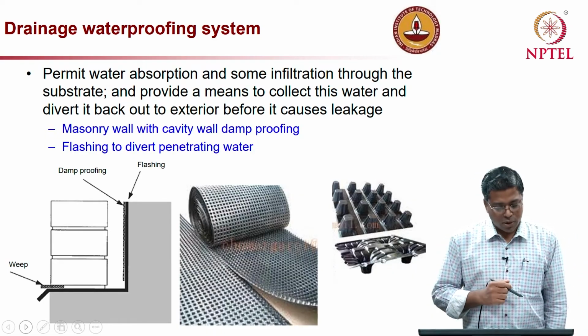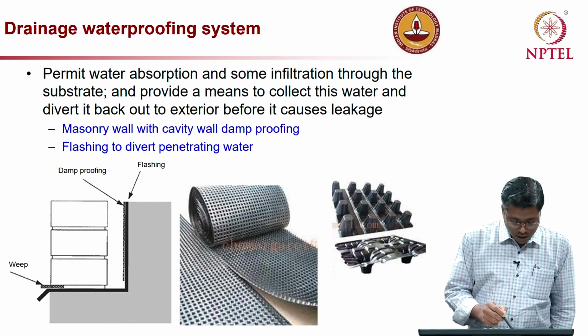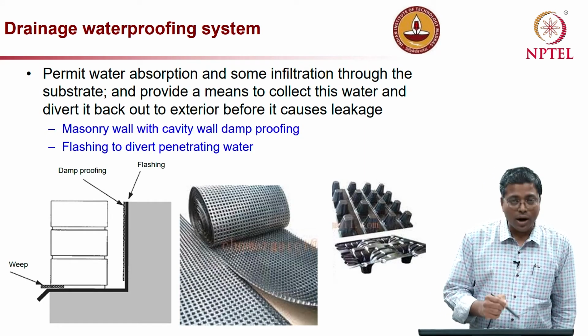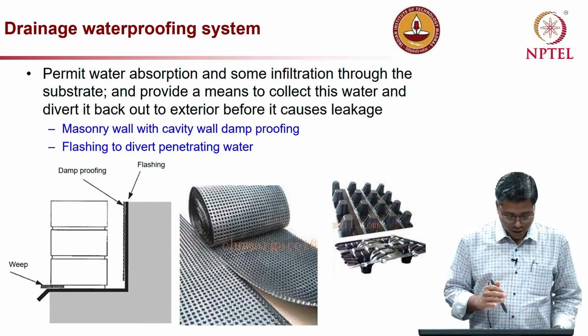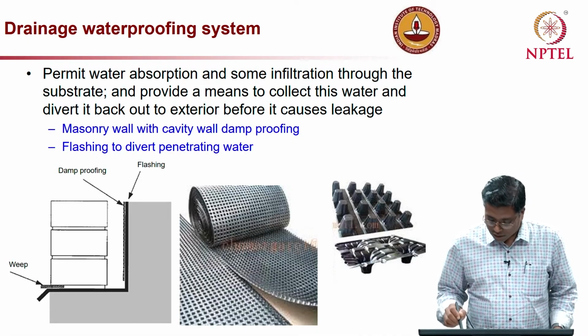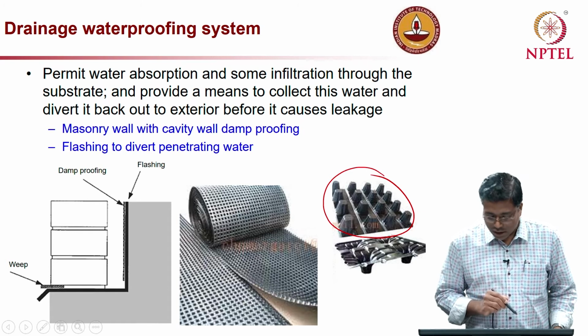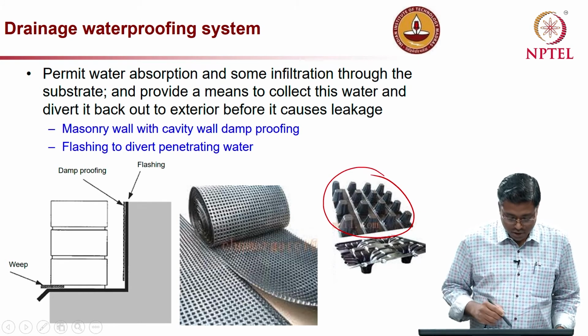Now, the other thing which we want to look at is drainage waterproofing system. Here the main idea is to allow the water to drain through some predefined locations, and then collect that water and take it away. So, you can see here these drain boards which look something like this, and typically come in rolls.